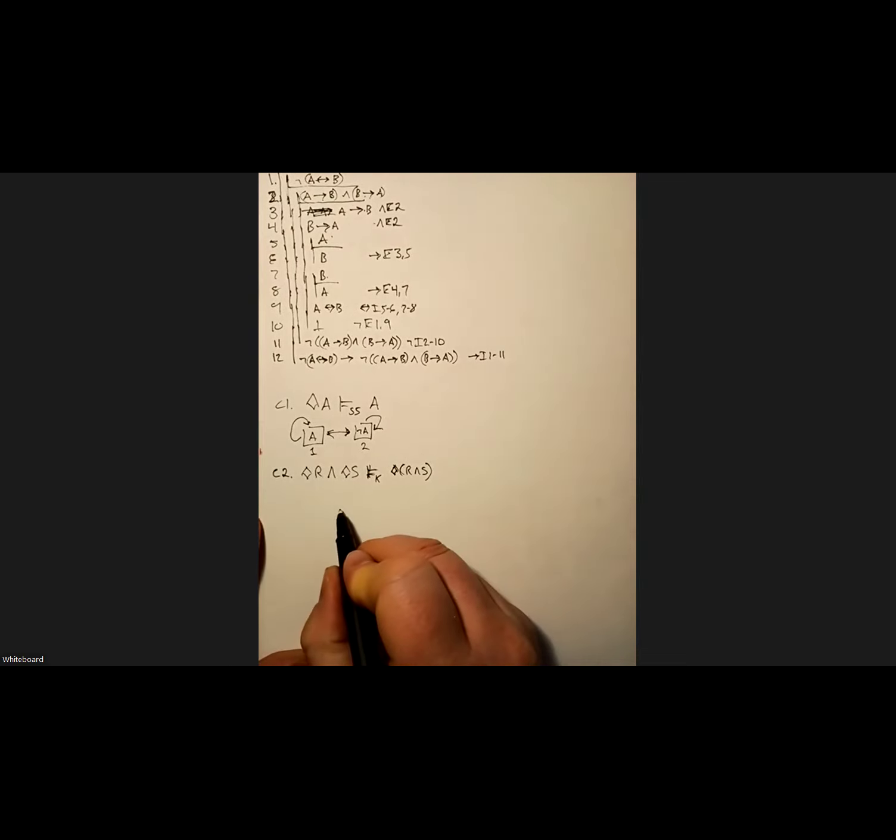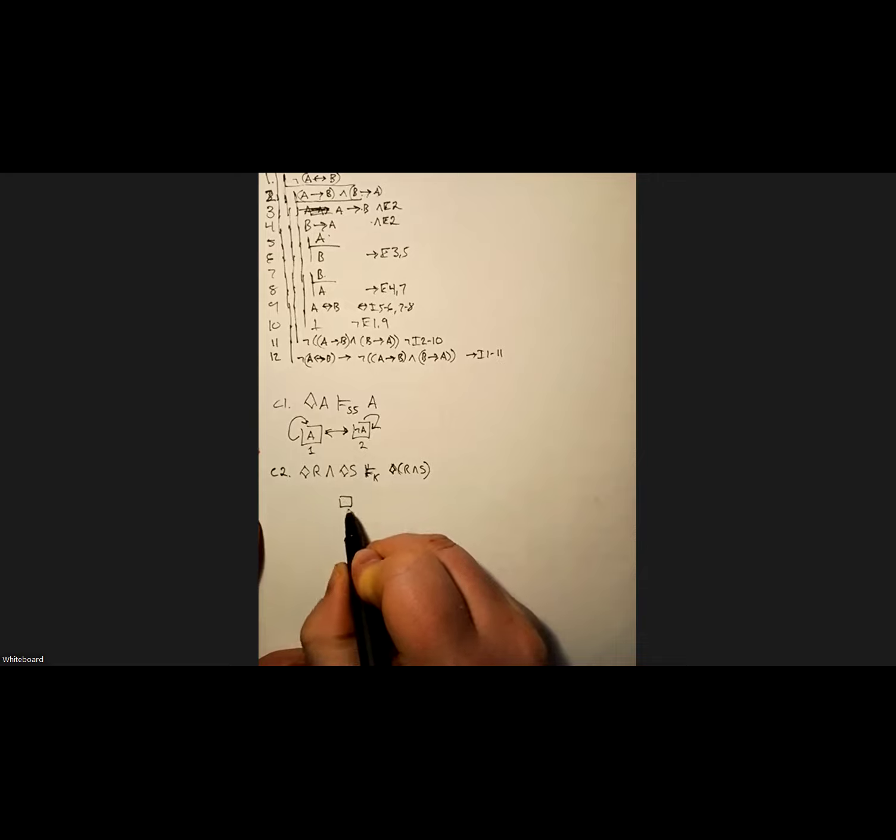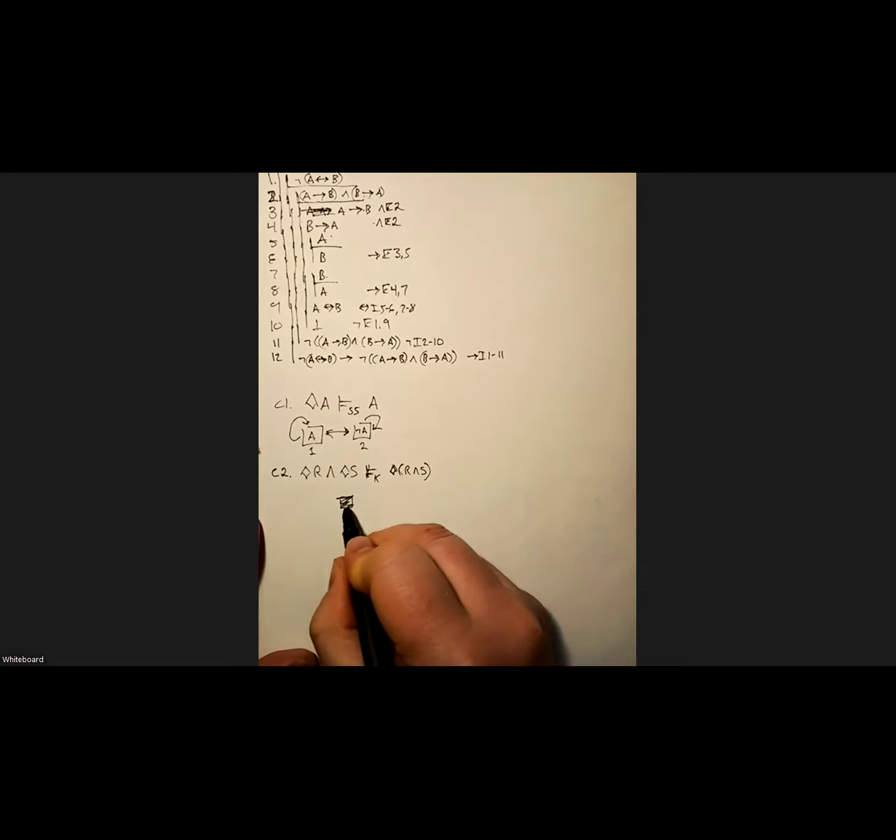So K, we don't have to have any restrictions at all. We're again going to try and show that the sentence on the left can be true in a world, while the sentence on the right can be false at that same world. So this one's pretty easy. Let's make it a bigger picture.